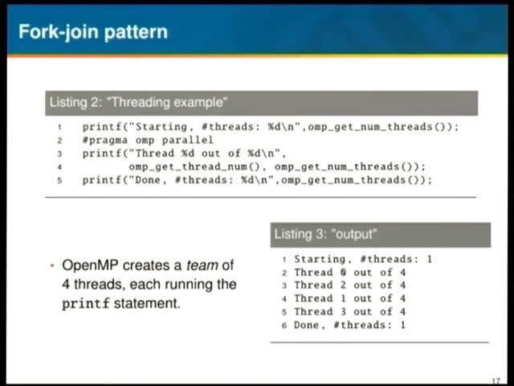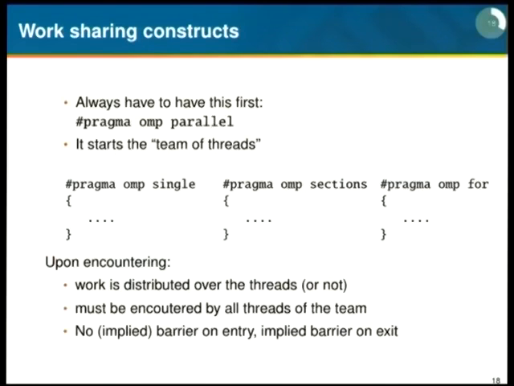And as you can tell, there are now 4 threads in my team, and yet another in order. Once this block is done, so this pragma only applies to the next code block, which is in this case 1 line. The team goes back to sleep. I only have 1 thread left, so that's why I have 1 thread in the end. Well, nobody looks surprised. That's good.